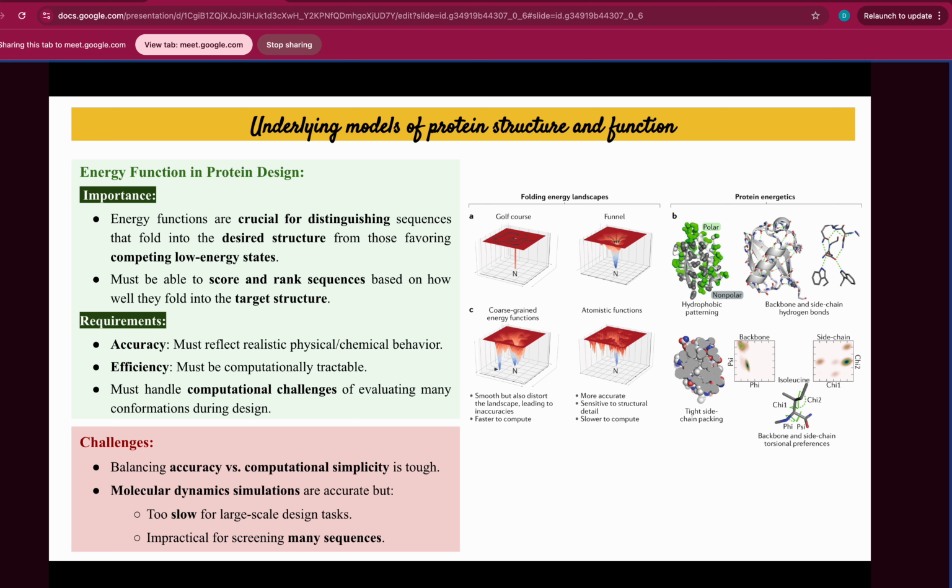All those interactions have some potential energy in them, and in the protein we figure out the overall energy of the protein, which will determine whether the protein will be stable or unstable. So whenever we are trying to identify this energy function, the force fields which we are using must be accurate and efficient, that means they must be computationally tractable, and they must handle the computational challenges of evaluating many conformations during the design.